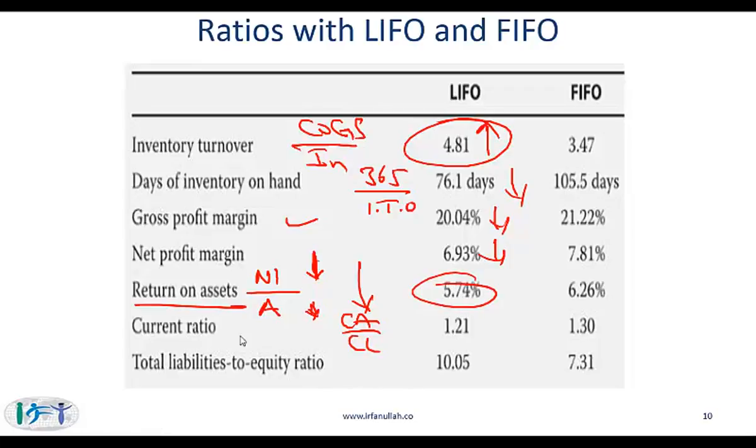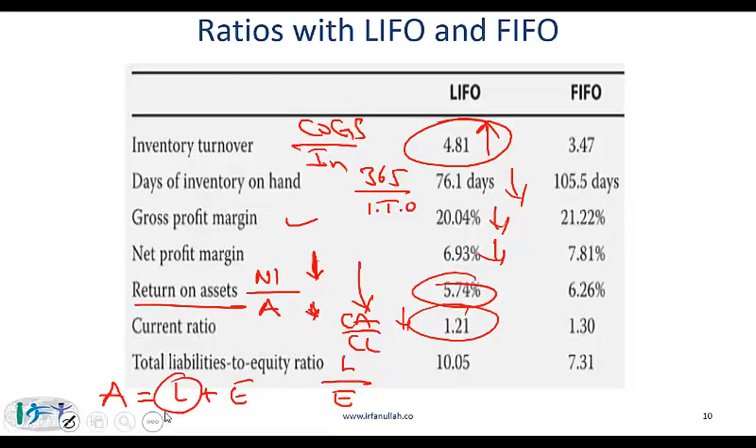The current ratio is current assets over current liabilities. Current liabilities would be the same for both methods. What about current assets? Lower for LIFO, and that's what you see over here. Total liabilities to equity ratio, this is important. So you have total liabilities over equity. The liabilities number would be the same, but what about the equity number? Here you need to remember your fundamental accounting relationship, that assets equal liabilities plus equity.